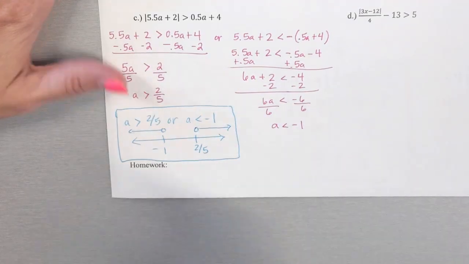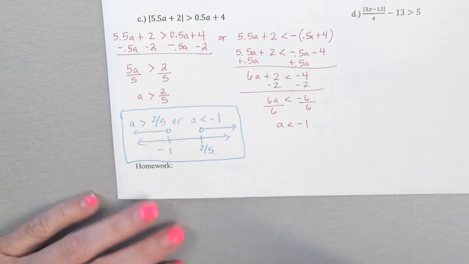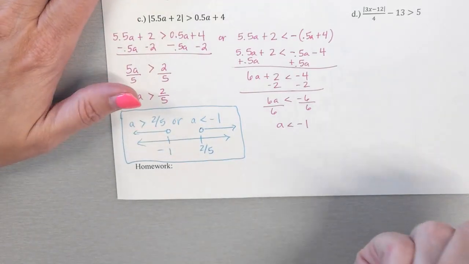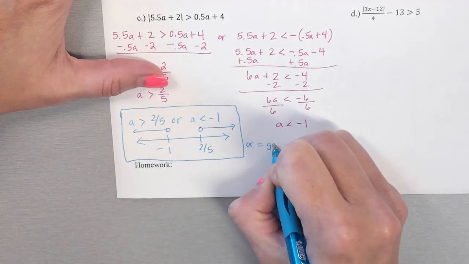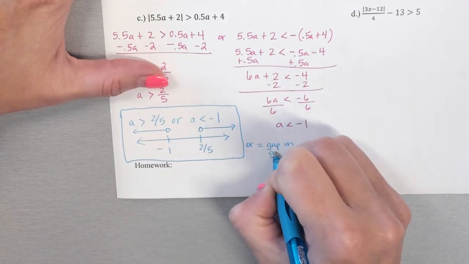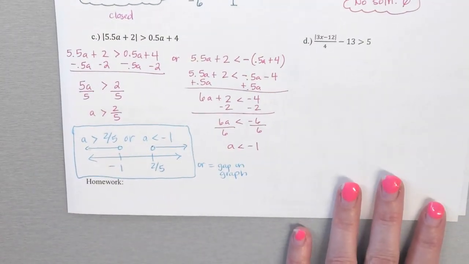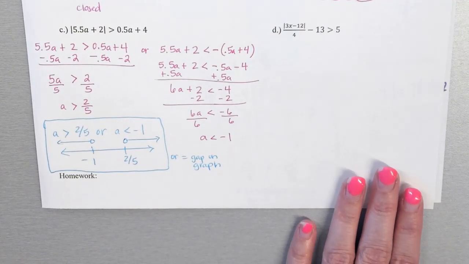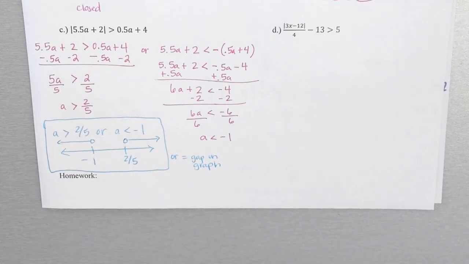Because this is an OR situation, you are going to have the gap there. Anytime you have an OR, you're going to have a gap on the graph. If you have an AND, you should not have that gap because AND is going to be one case.